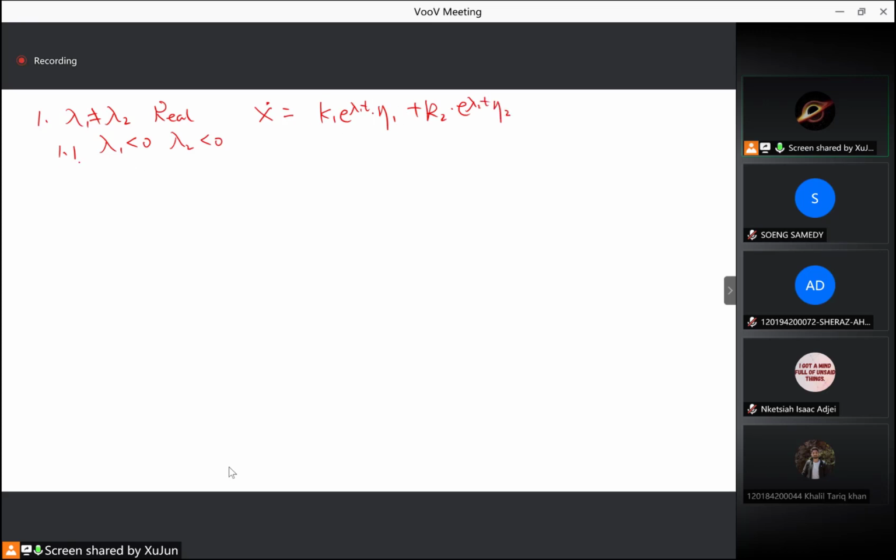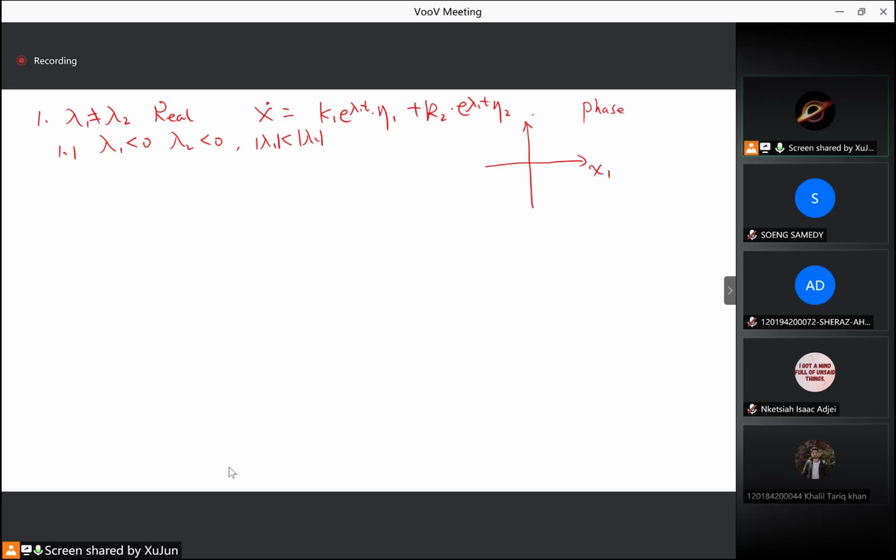And for the case 1.1, lambda 1 less than 0, lambda 2 less than 0, and we assume the absolute value of lambda 1 is less than the absolute value of lambda 2. So in this case, we should know how to draw the phase figure.